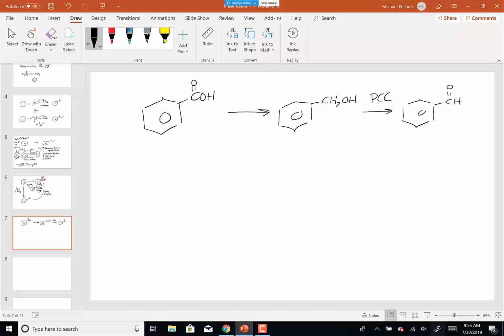Okay. What would be the first reagent that I would need, though? I want to take a carboxylic acid all the way down to a primary alcohol. I need a really strong reducing reagent. Yep.